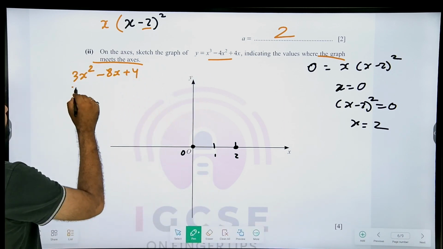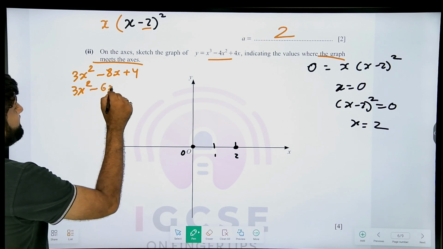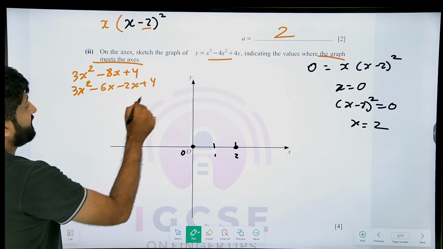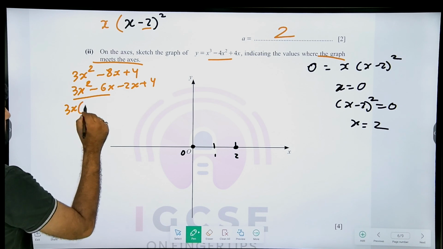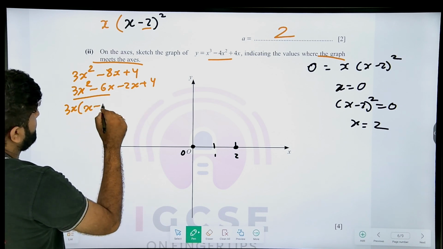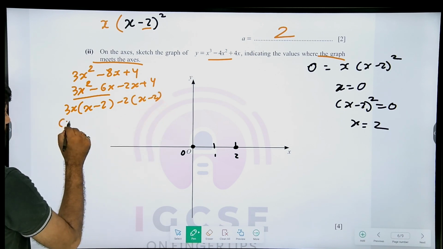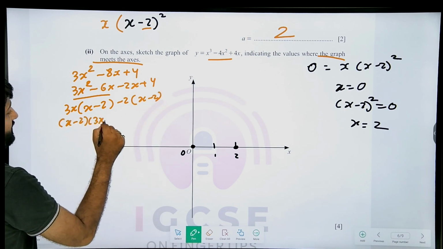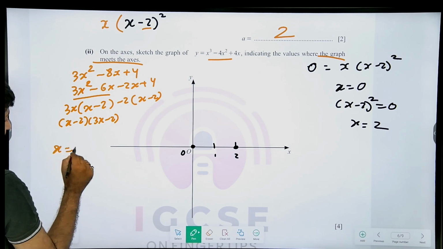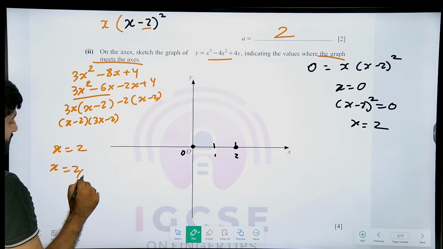I think that is negative 6x and negative 2x. Now I can take 3x common, so I have x minus 2, negative 2 common, again x minus 2. So x minus 2 into 3x minus 2. So x is 2 and x is 2 by 3.